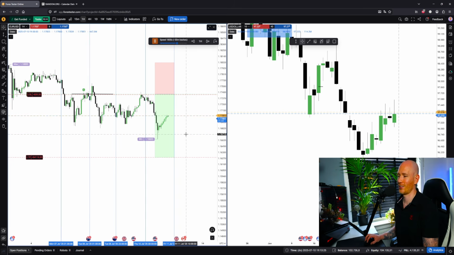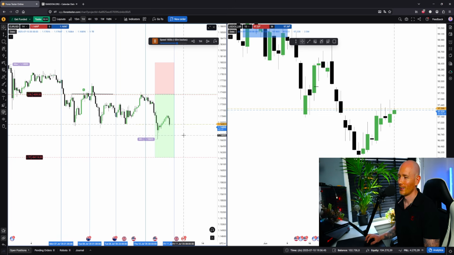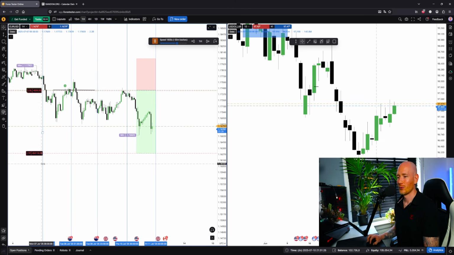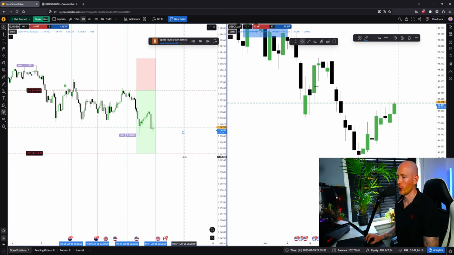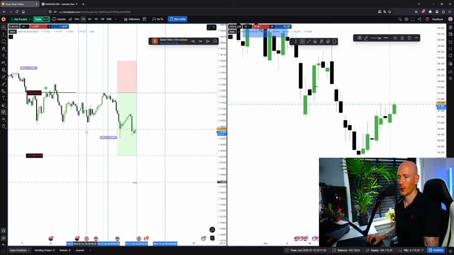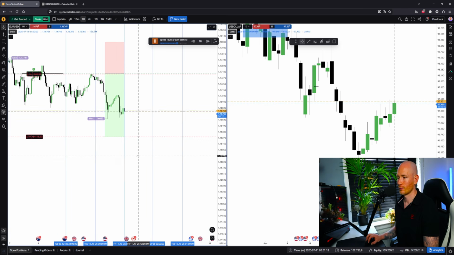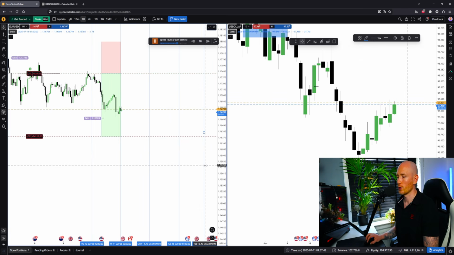Oh, so slow, man. Come on. Even in a simulation, price action can annoy me sometimes, I'm not gonna lie. In the meanwhile, I'm just gonna move these lines again.